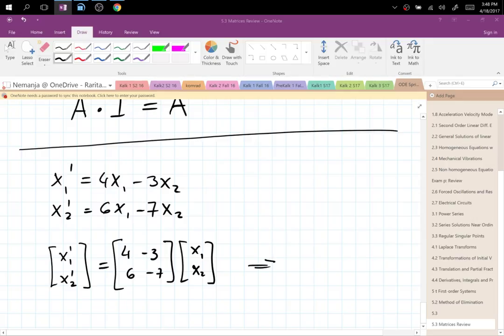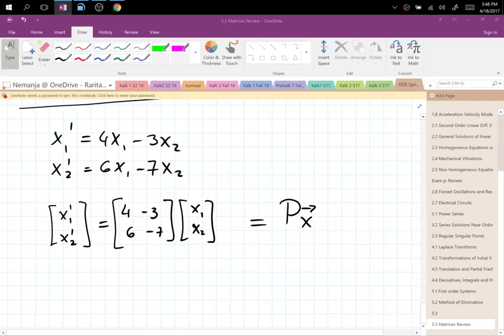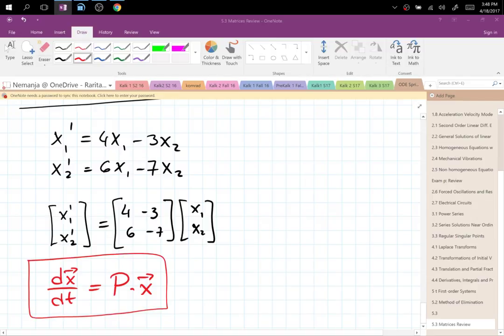And I can call that system Px. Now we usually put the arrows above the column vectors so that it makes sense. So now I'm just going to put the notation underneath. So I have dx dt is equal to p times x. So that's the notation.